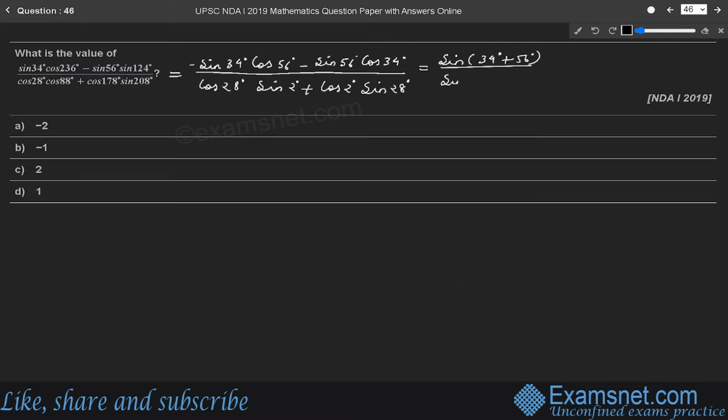Similarly, the denominator will be sin(28 plus 2). And there is a negative sign also here, so it will be negative. So the answer will be minus 2. So this is the value of the given trigonometric expression. So, the correct option is option number A.